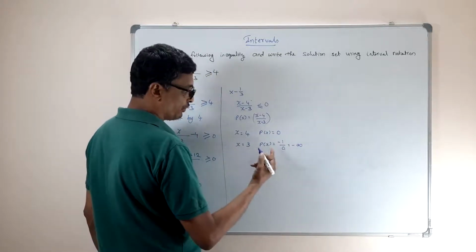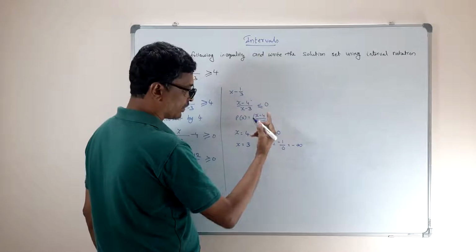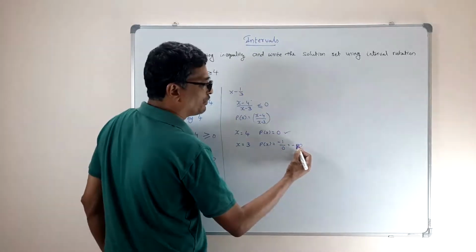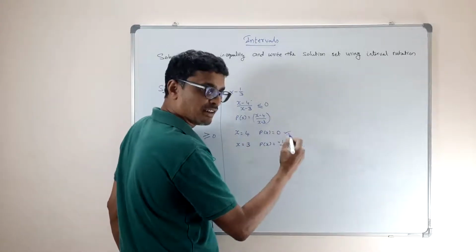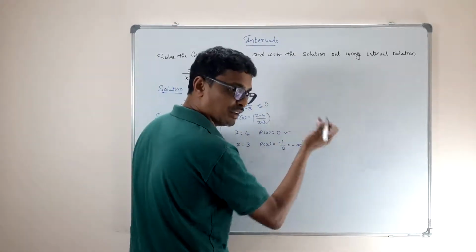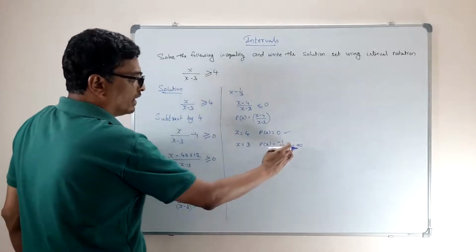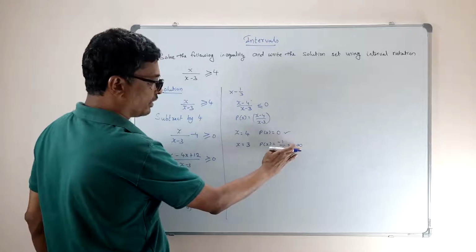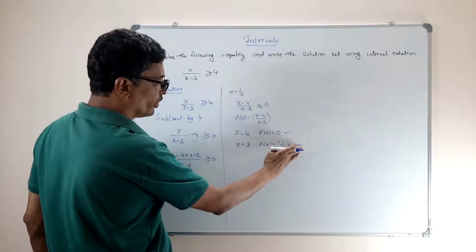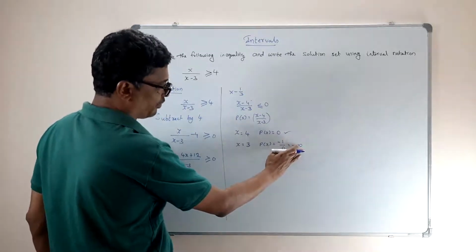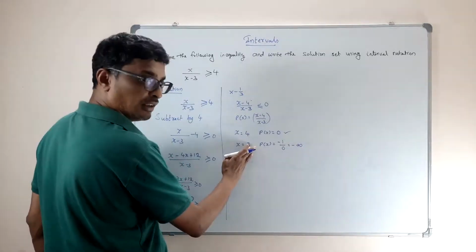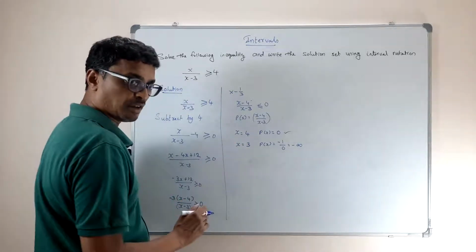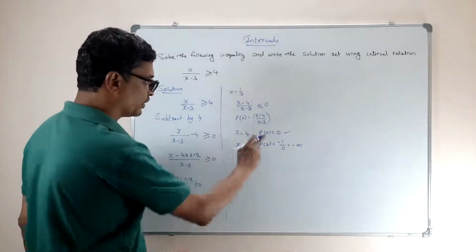So both the conditions are satisfied, but minus infinity is not a closed one, it is open. Naturally you shouldn't include it, because if you include it, it won't be less than or equal. When it goes to 3, it shouldn't reach 3, so x equal to 3 is an open point.